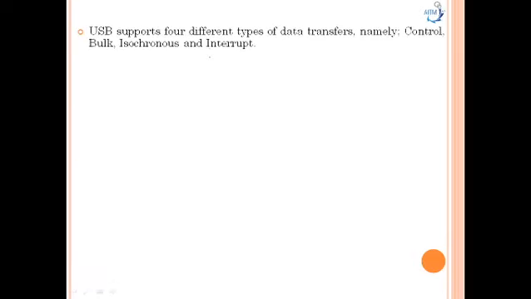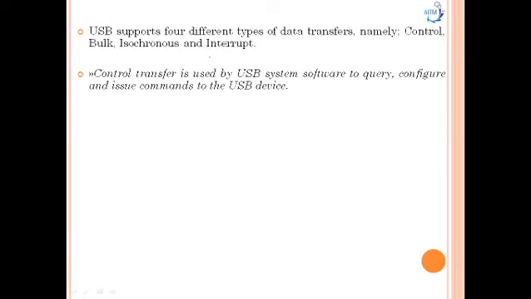USB supports 4 different types of data transfers: control, bulk, isochronous, and interrupt. Control transfer is used by the USB system software to query, configure, and issue commands to the USB devices.